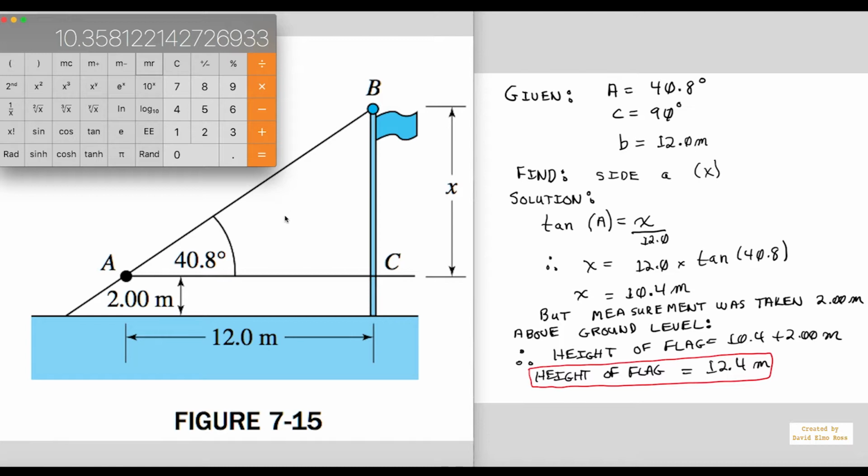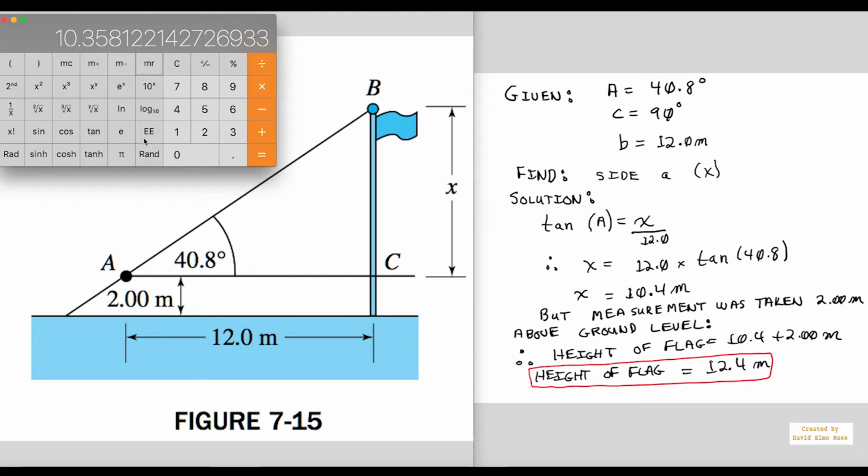However, if our observer had been able to set their measuring equipment right on the ground, what distance from the flagpole would that have been set at to give us the same reading of 40.8? So again, the tan of 40.8 would be this entire height here, which would be 12.4, over the distance that we want to find here, which would be greater than 12 meters.